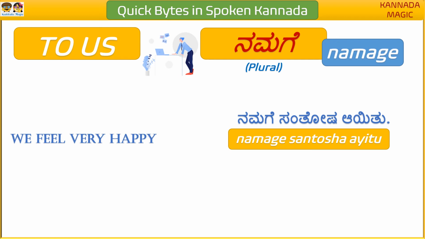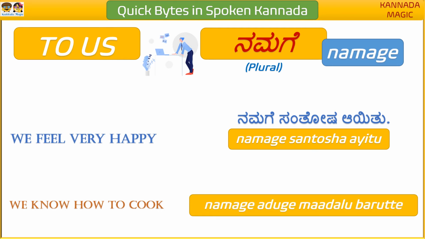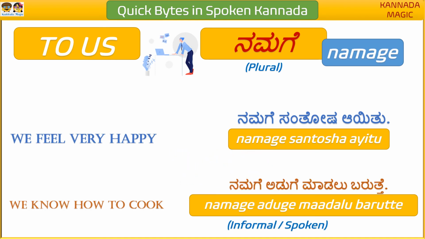So let's move on. We know how to cook. Somebody asks you and then you're confirming that yes, I know how to cook. Or you and your friend, or you and your wife, want to say that we know how to cook. You can say namage aduge madalu barutte. You remember when there was a question of barutta, that means they're asking you, you can confirm it by saying barutte.